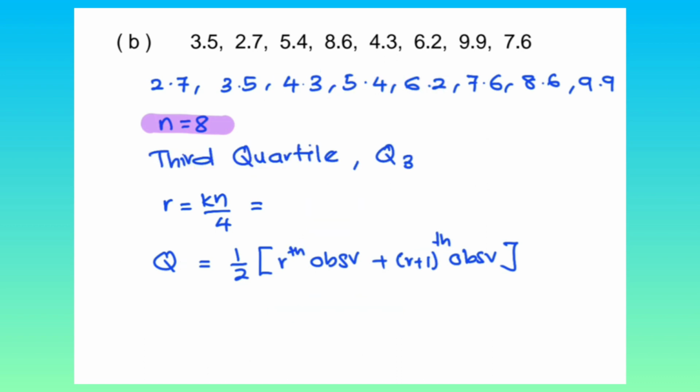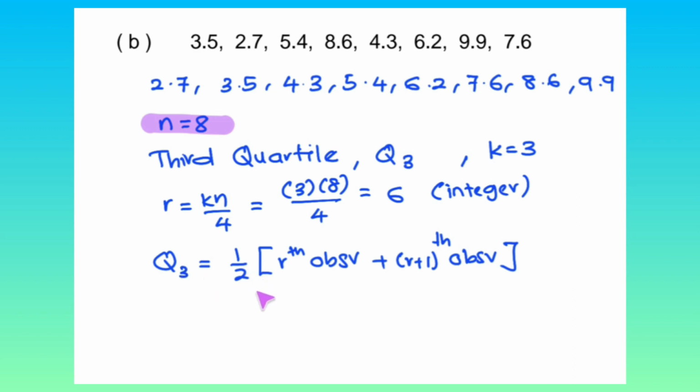Okay, next let's find the third quartile. The third quartile represents Q3, meaning k is equal to 3. So find the value of r first. It will be 3 times 8 over 4, which is equal to 6. This is an integer. So all we need to do is use the formula 1 over 2 times the r-th observation plus the (r+1)-th observation.